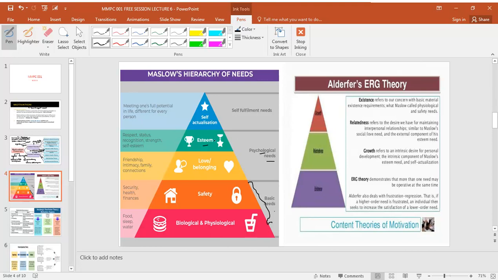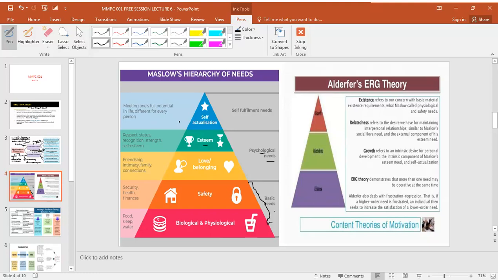Once you attain the basic as well as the psychological needs, you reach the top of the pyramid. That is self-actualization, meaning meeting one's full potential in life, which differs for every person. For some individuals, after retirement, when financial matters are sorted out and their kids are settled, that is their self-actualization. For someone else, career growth is their self-actualization. It differs from person to person.